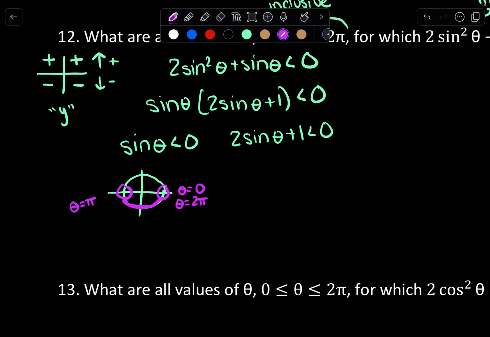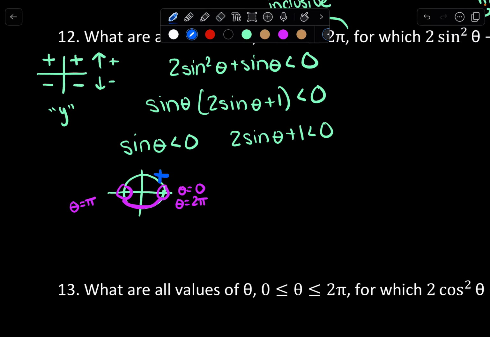So the angles that satisfy this inequality will be from pi to 2 pi. How I want to think about this is, if I were to plug in a theta from 0 to pi, an angle from quadrant 1 or 2, it would not satisfy the inequality. My sine theta would not be less than 0.